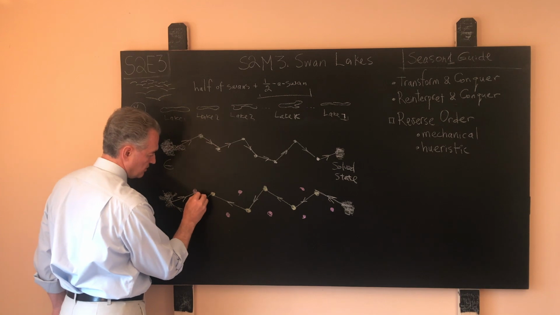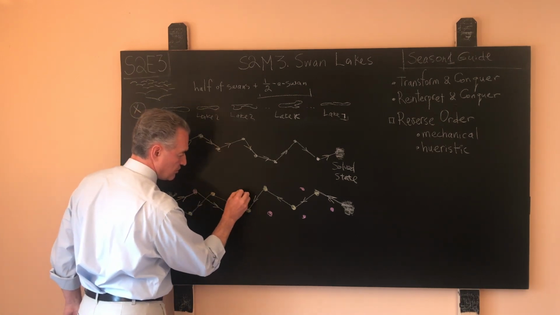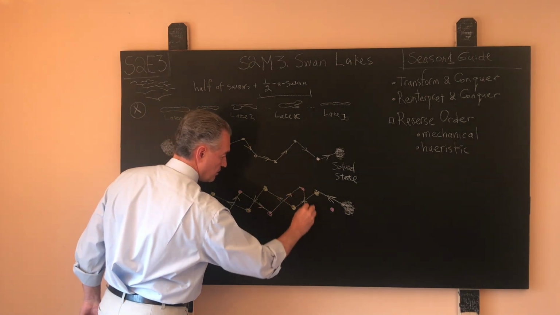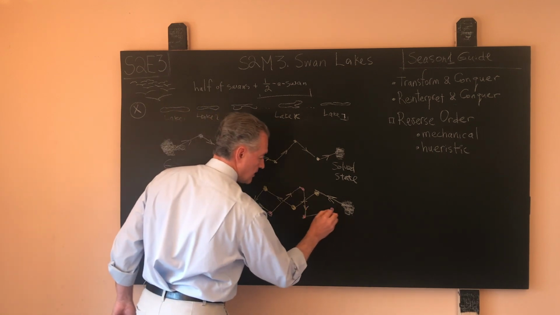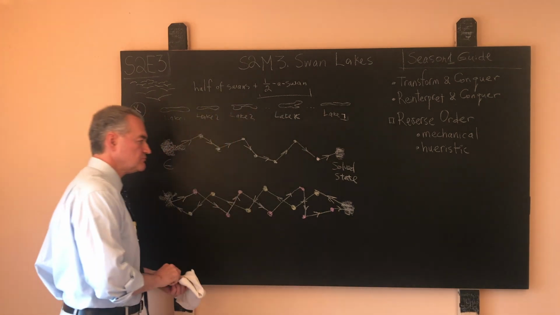I will depict this forward flow of causality with the arrows that run this way. Now, this way, this way, this way, and boom, problem solved state.